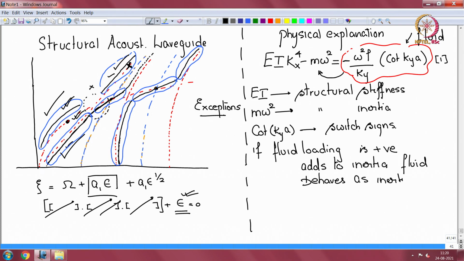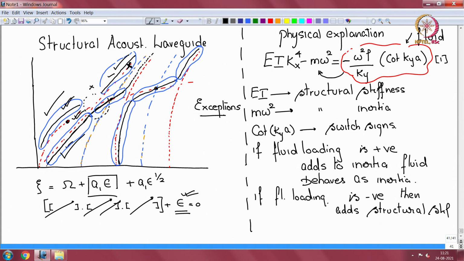So the structure sees it as inertial loading, whereas if the entire fluid loading term along with the sign is negative, then it adds to the structural stiffness.